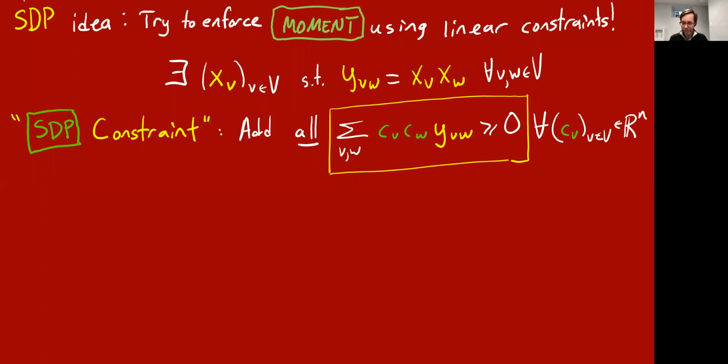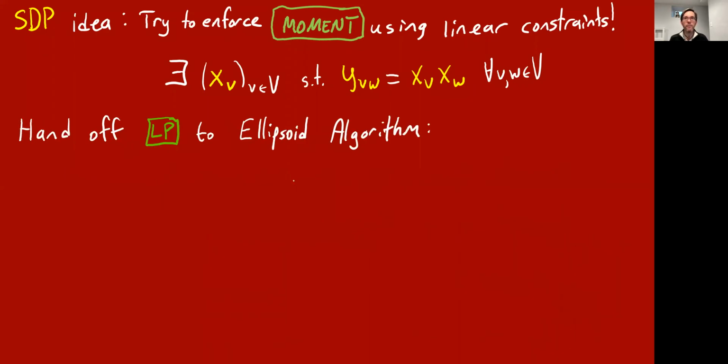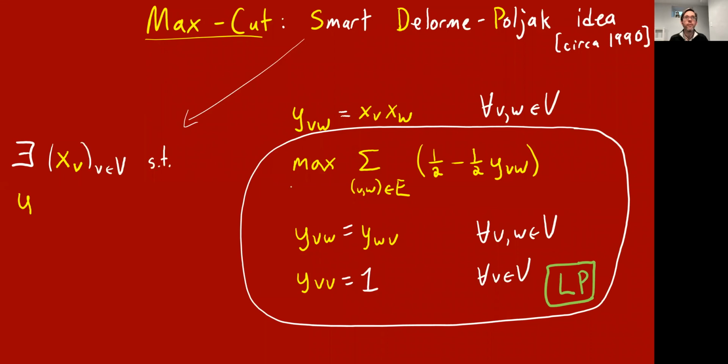If you recall, we set up some kind of system that exactly captured max cut. It was some linear program involving these variables y. And it exactly captured it if you threw in these moment inequalities. In fact, let me go all the way back to that and just remind you of that. It's right here.